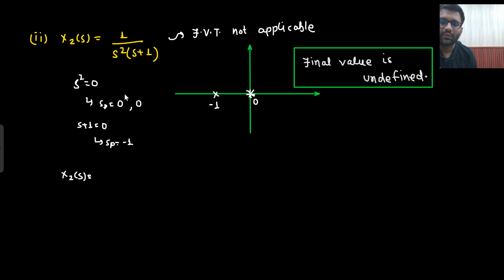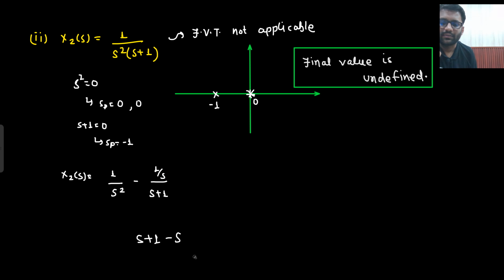So let's find out x2(t). For that, what do I need to do? I need to do partial fraction. So here if I do s square plus s minus s square, 1 by s if I do here, and here 1. So s plus 1 minus s.